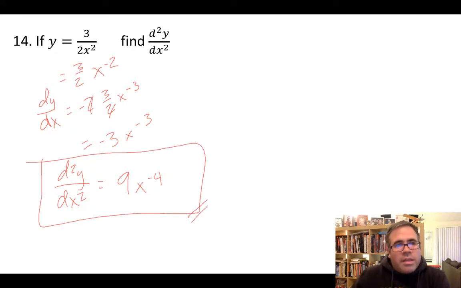That's it. If you use the quotient rule, you'll notice that we get 2x squared times the derivative of 3, which is just 0, minus 3 times the derivative of the bottom, 4x.